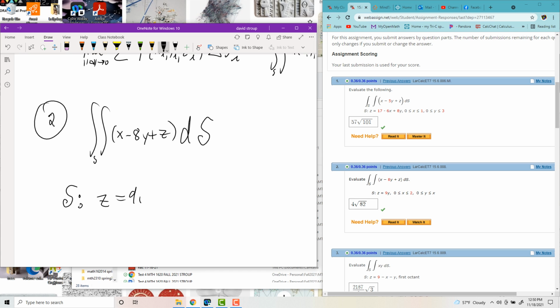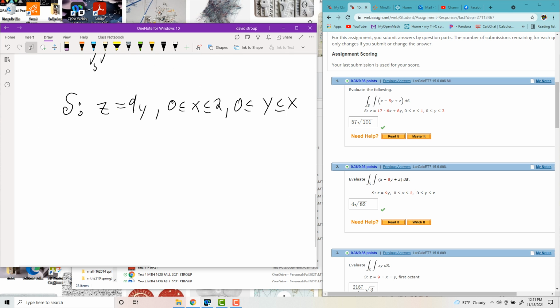Z equals 9y. Okay, and then we're restricting x and y to be from 0 to 2, and for y it's from 0 to x. So z equals 9y, that's just a plane, and then we're integrating over 0 to 2, and then 0 to x is just this line. So we're integrating over this little triangle region.